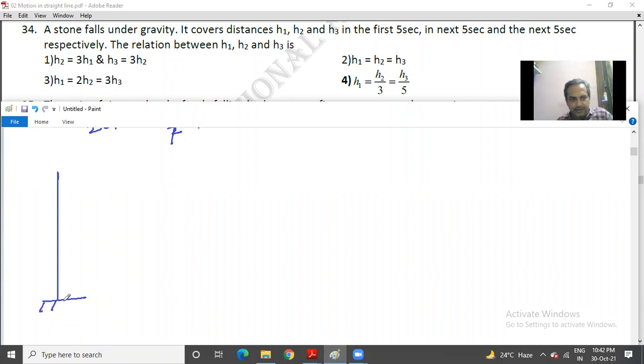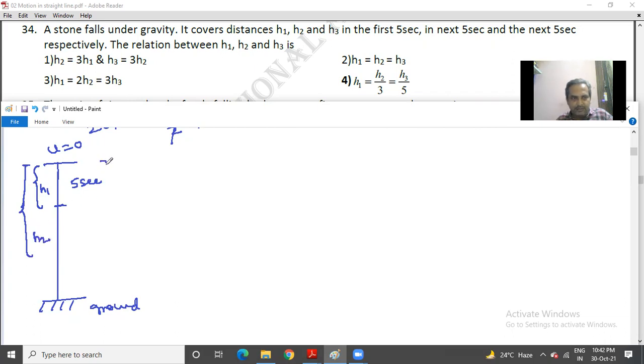Say this finally reaches the ground. Freely falling body means once again u is 0. In the first 5 seconds, it travels a distance H1. You call this H1 in the first 5 seconds. In the next 5 seconds it travels a distance H2.